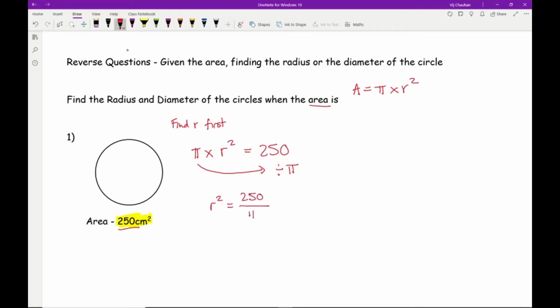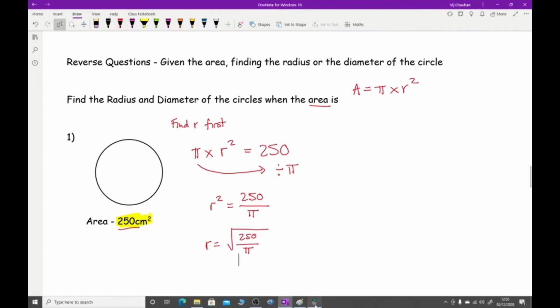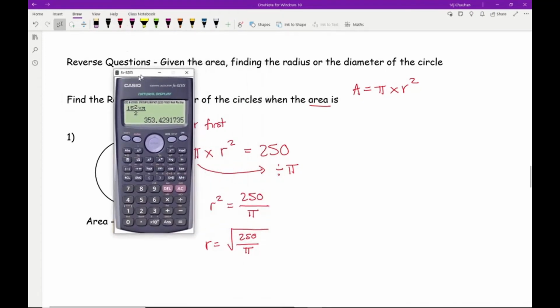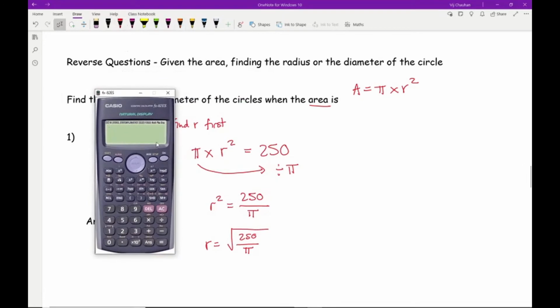250 divided by pi. Now I'm not going to use my calculator just yet because I need to find out what r is. So r is going to equal the square root of 250 divided by pi. Now I'm going to get my calculator and show you how to enter this. I reset the calculator, set up my square root, and then press my fraction button like so.